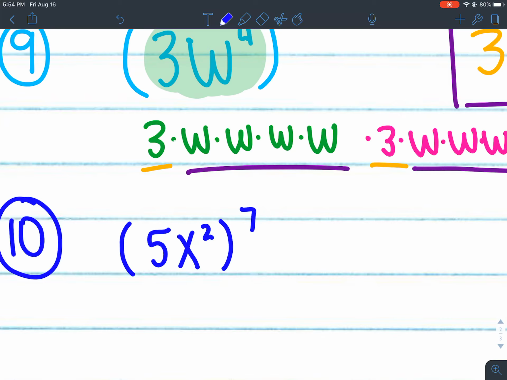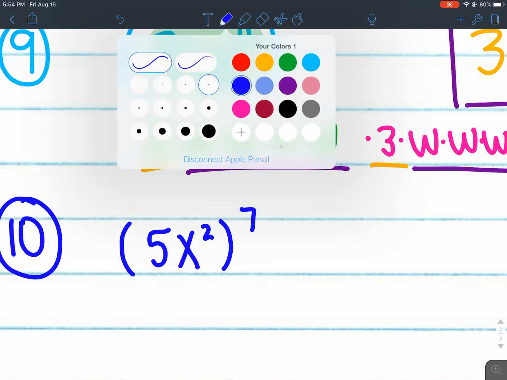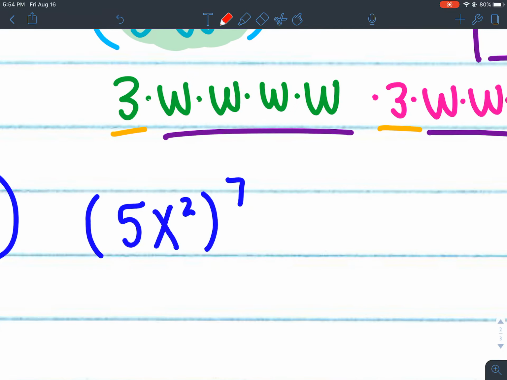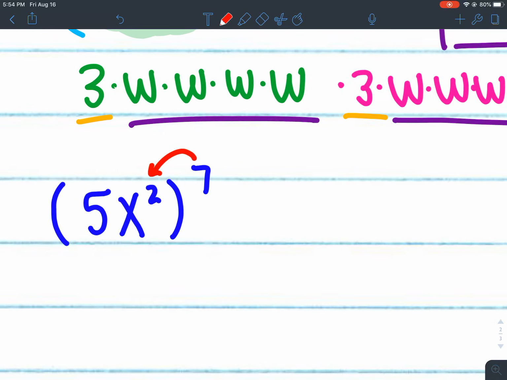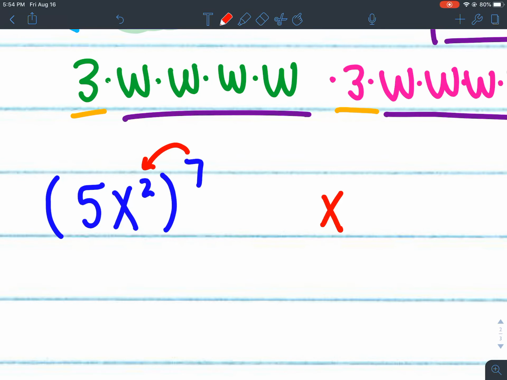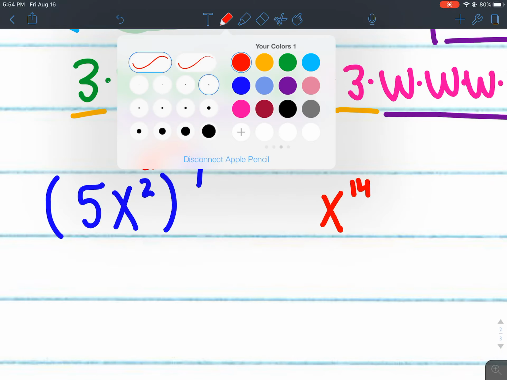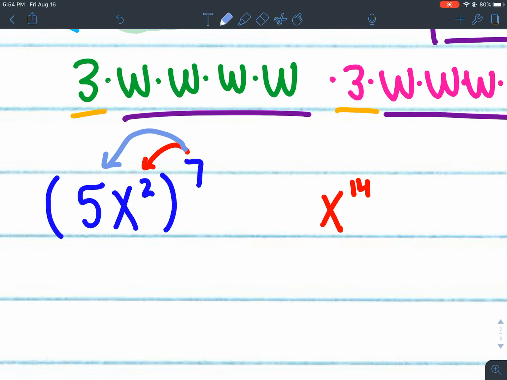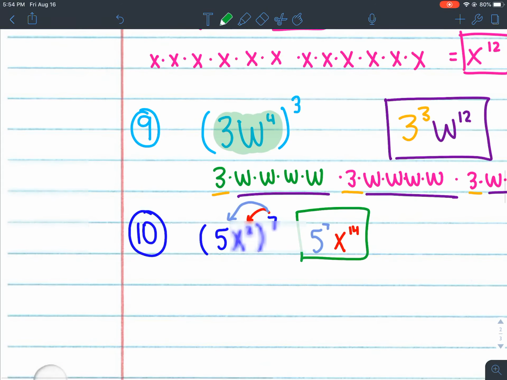We're going to do 2 times 7. So that would be x to the what power? 14. And then we do the same thing with the 5. So I have 5 raised to the 7th power. All right, so that's kind of what that one means.